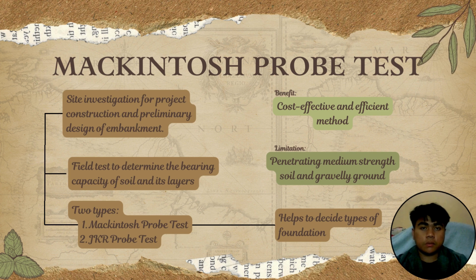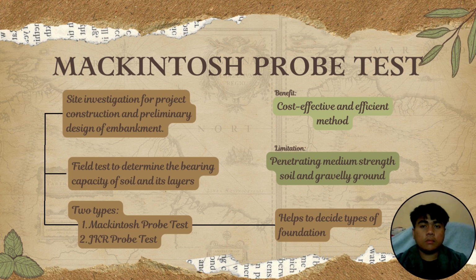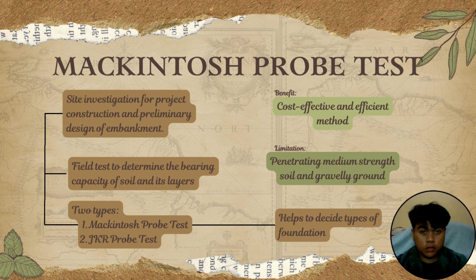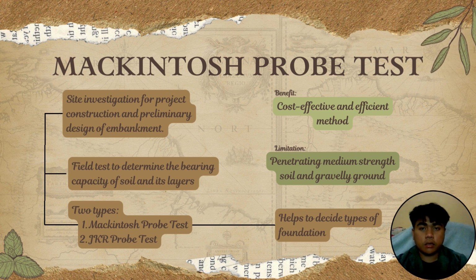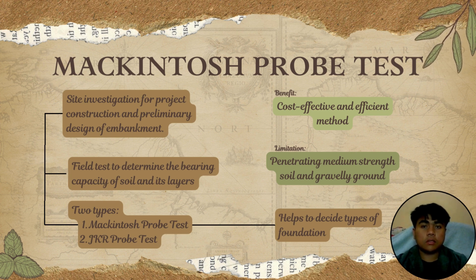Next, Mackintosh prob test is harder to be applied to the on-site work compared to the JKR prob test. Mackintosh prob test consists of several connections with the height of 450 millimeter with the 4.5 kilogram weight of the hammer, while JKR prob test only consists of 500 millimeter height in a single connection with 5 kilogram weight of hammer.